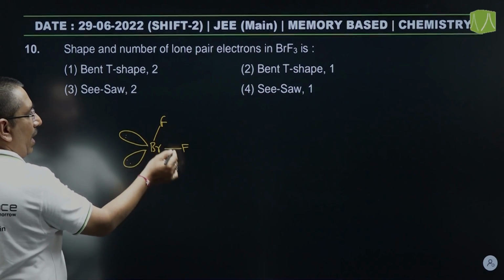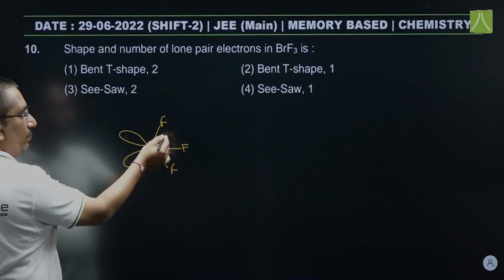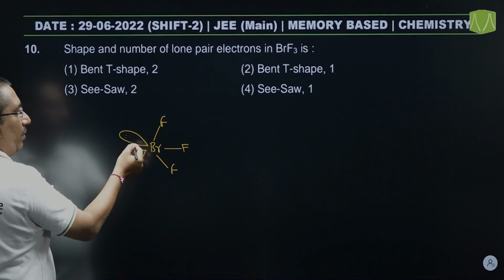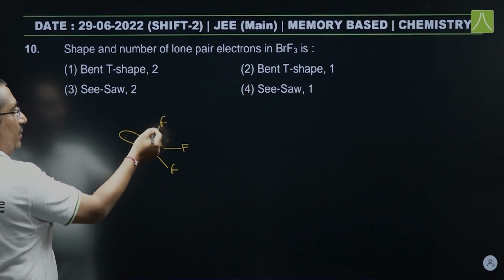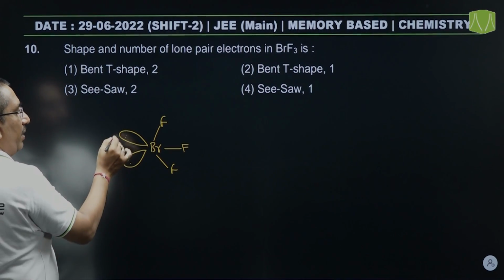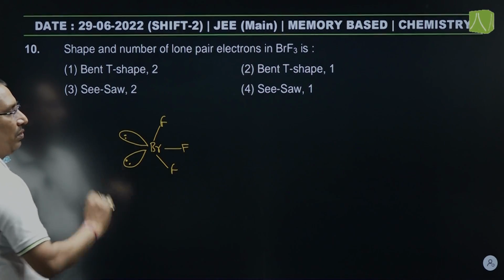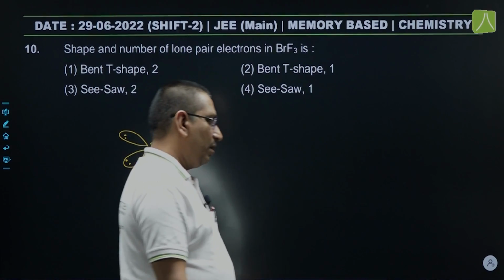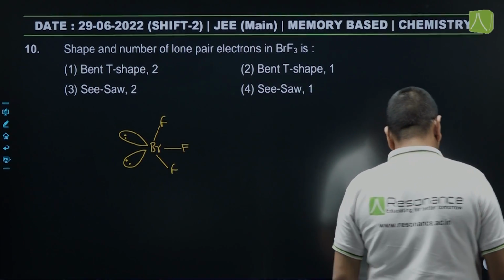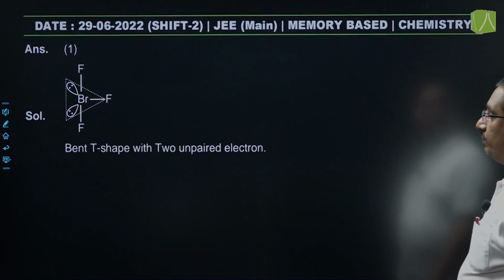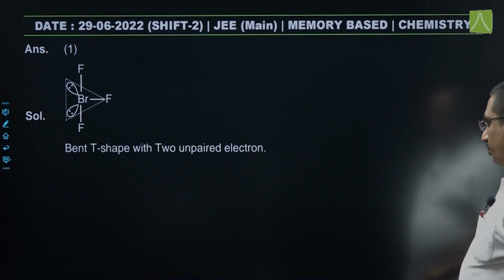It is having bent T shape because of repulsion between lone pair and bond pair. It is having bent T shape and the number of lone pairs in this BrF3 are 2. It is also very simple question based on VSEPR theory in chemical bonding. This is the shape of the molecule.